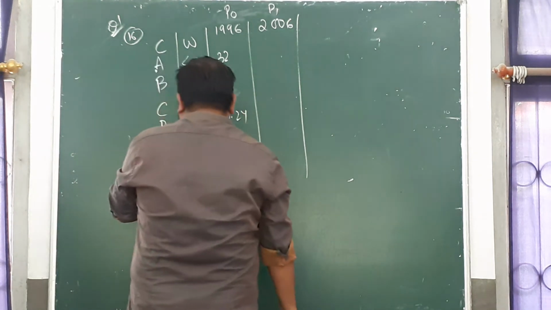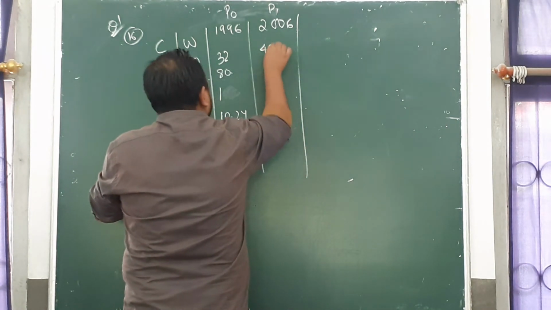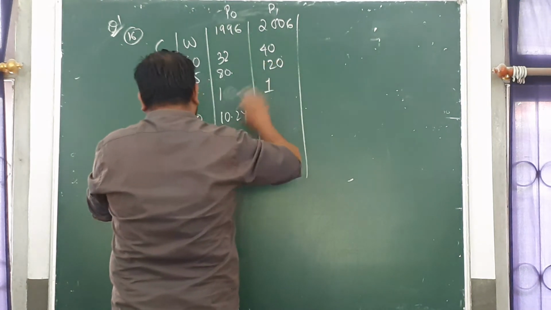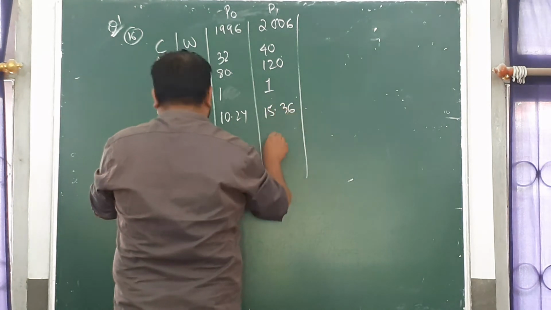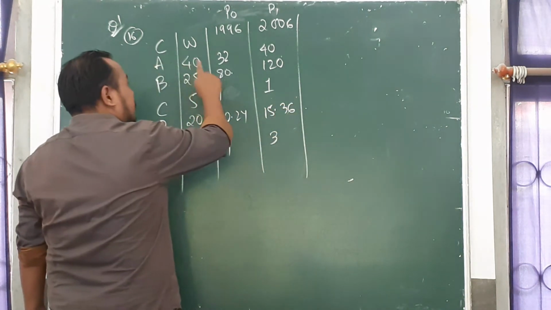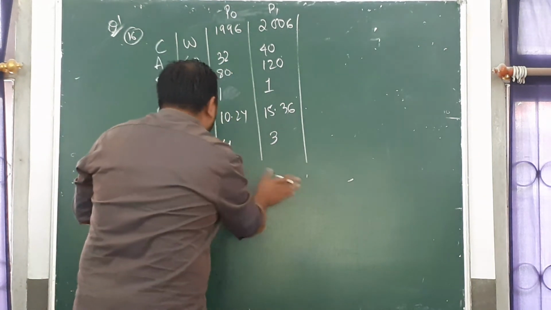In the year 2006, this became 40, this became 120, this became 1, that means it did not change, this became 15.36 and this has become 3. So weight is given, P0 is given and P1 is given. I have to find the index number using weighted average.